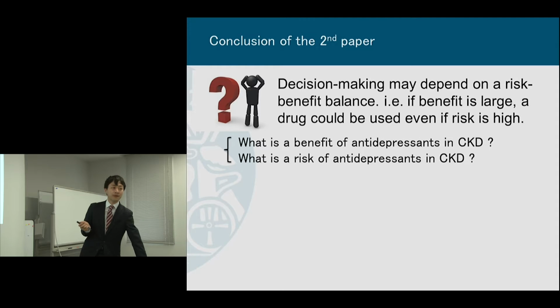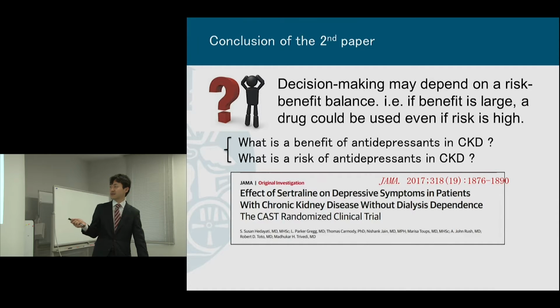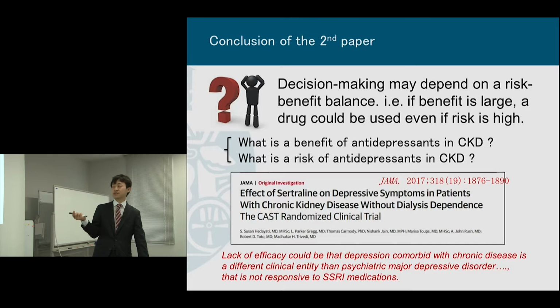You may remember that I split my research question into two, benefit and risk, and I focused on the risk side. The benefit side may be more suitable to be assessed by clinical trial or RCT. And by chance, during my PhD, one big randomized controlled trial was published for patients with pre-dialysis CKD, the same study population as mine.